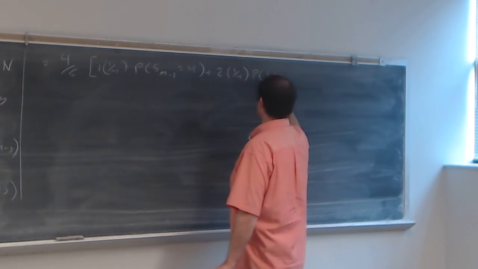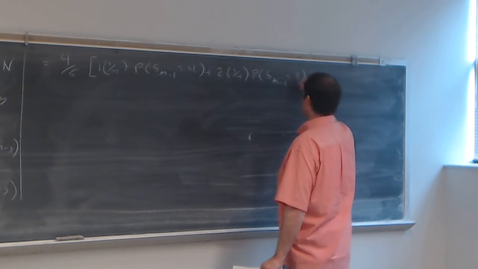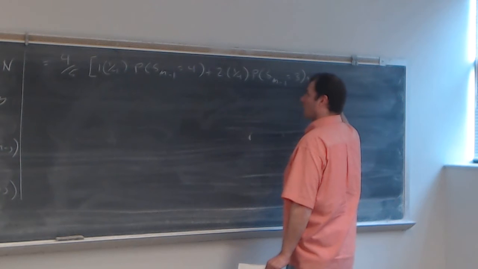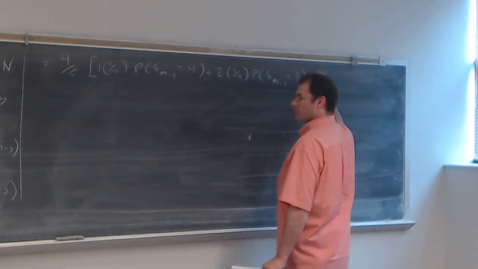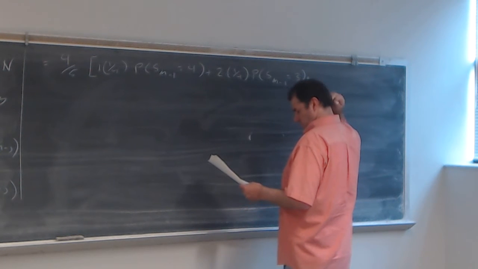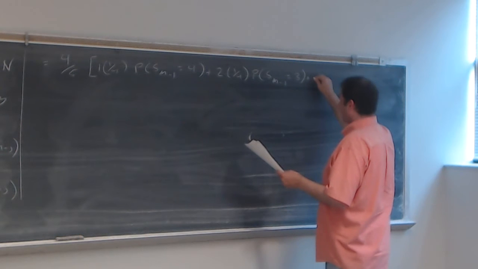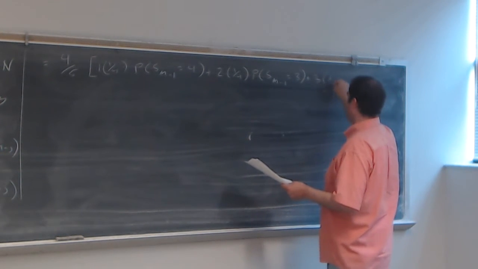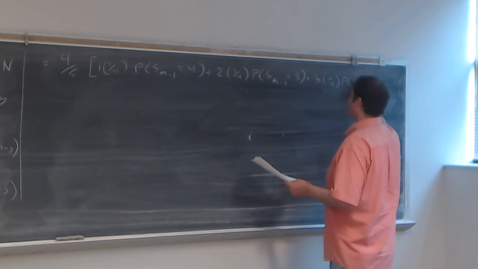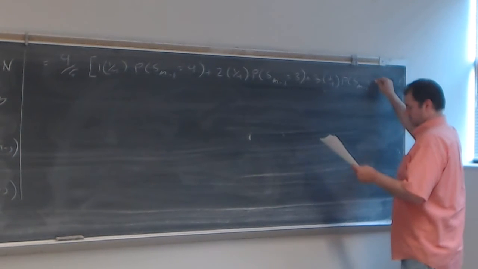Times the probability that S_{m-1} is equal to 3. Plus, again, we have 3 times 1/4 times the probability that S_{m-1} is equal to 2.